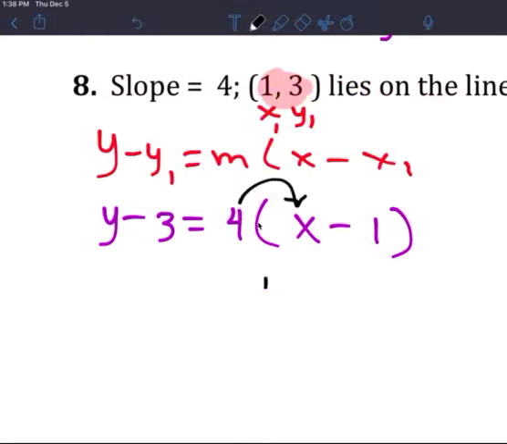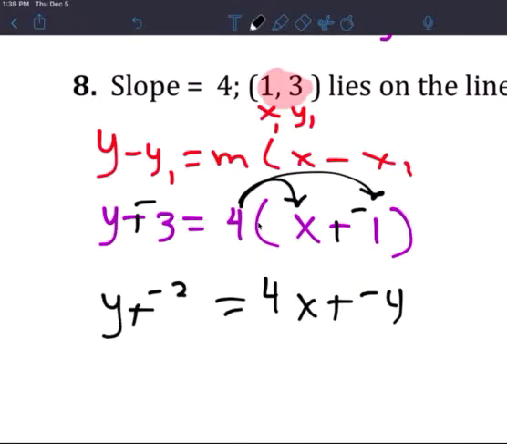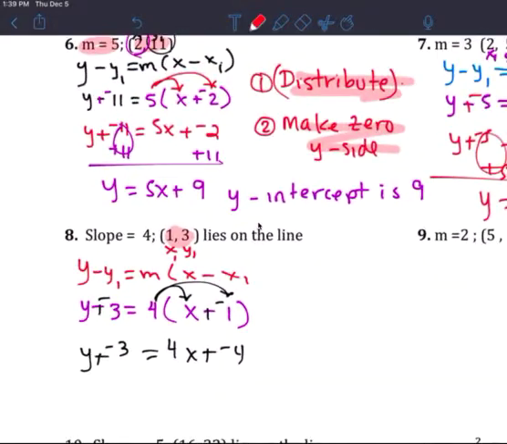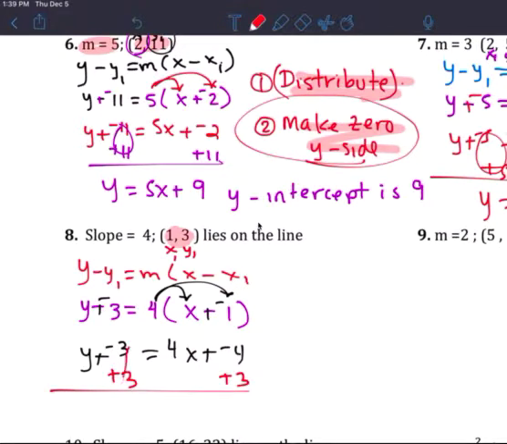Distribute 4x plus a negative. Okay, step 2, make 0 on the y side. Y equals 4x plus a negative 1. Oh, the y-intercept is negative 1 again. I'll just write the y-intercept as letter B. So the y-intercept is equal to negative 1.